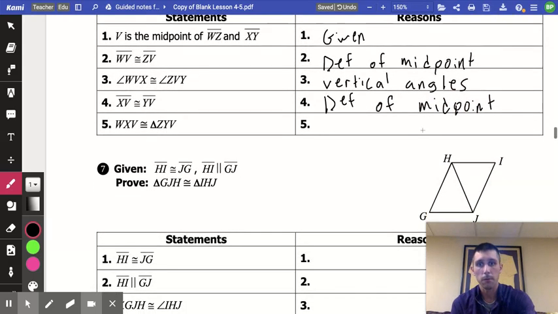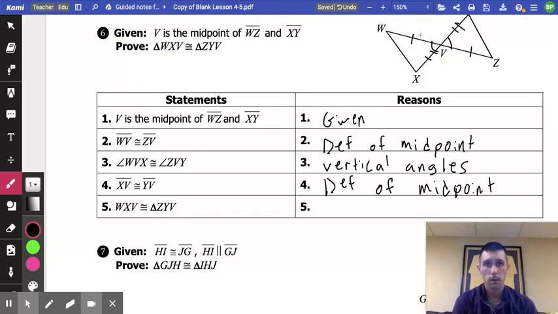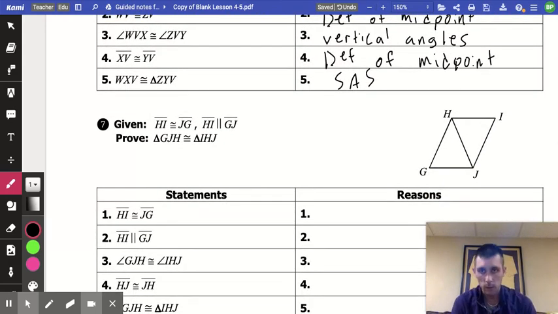And so for number 6, what is our reasoning? Side, angle, side. S, A, S.